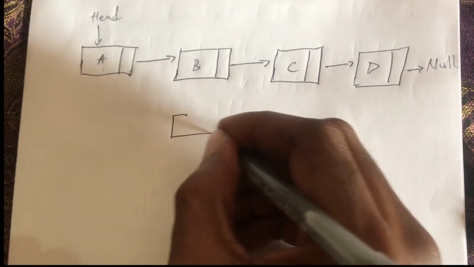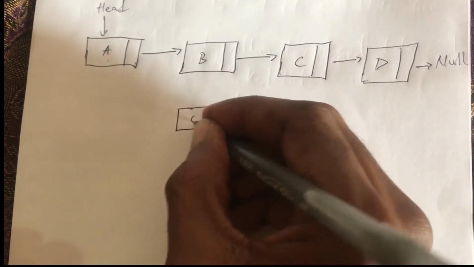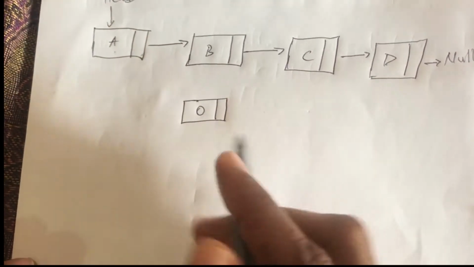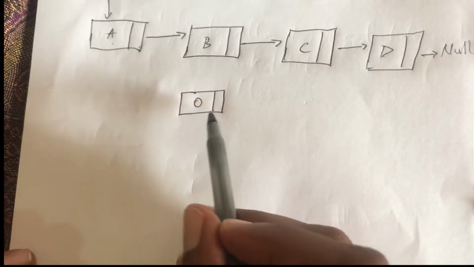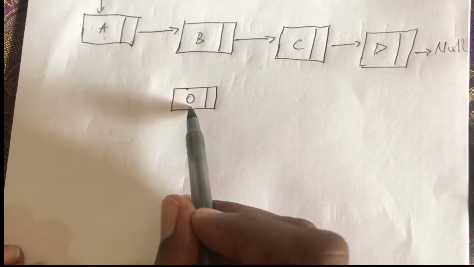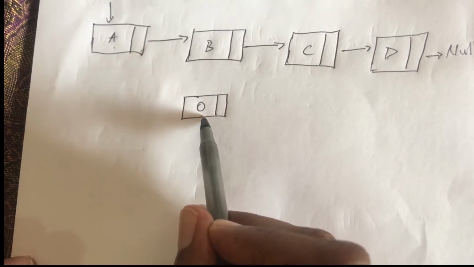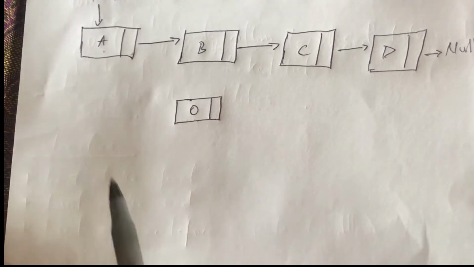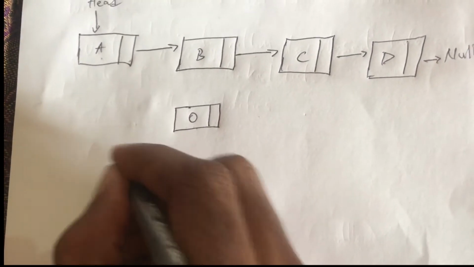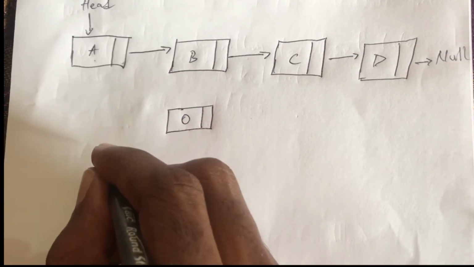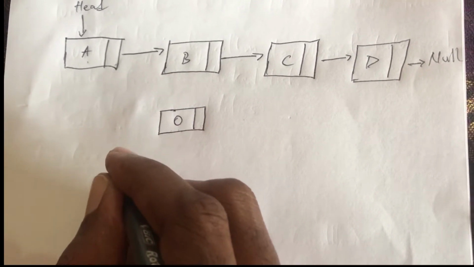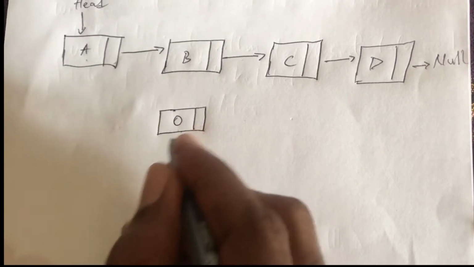So we're trying to insert, let's say, O. This is the data and this is the pointer. We're trying to insert O at the front, so we're taking the first case. To insert O at the front, you take the pointer of O and point it to A, which is the head now, then make O the head.